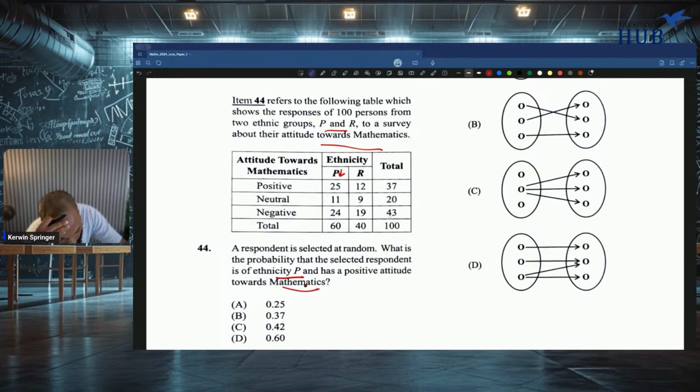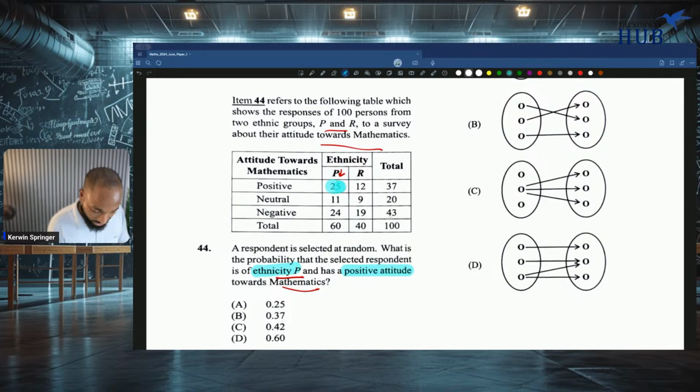I think they mean out of the total here. So what's the chance that I select somebody who is ethnicity P and, together with that, has a positive attitude?